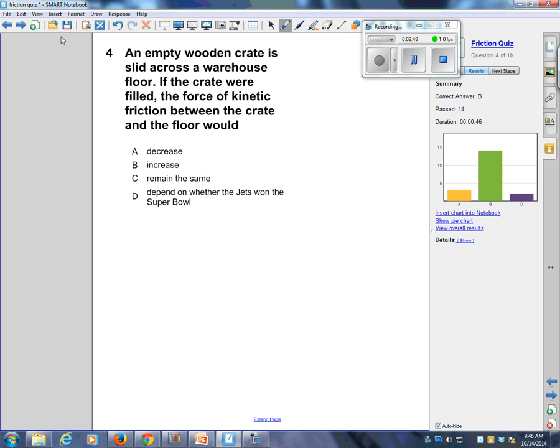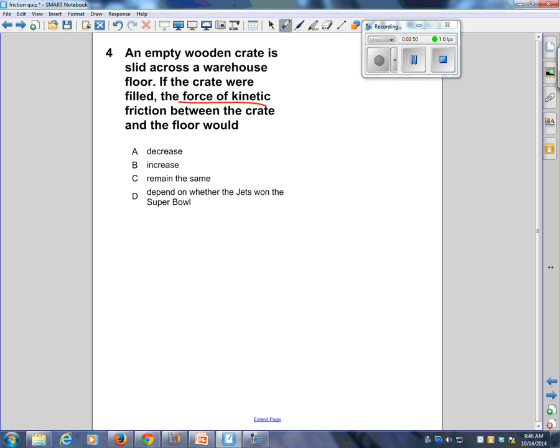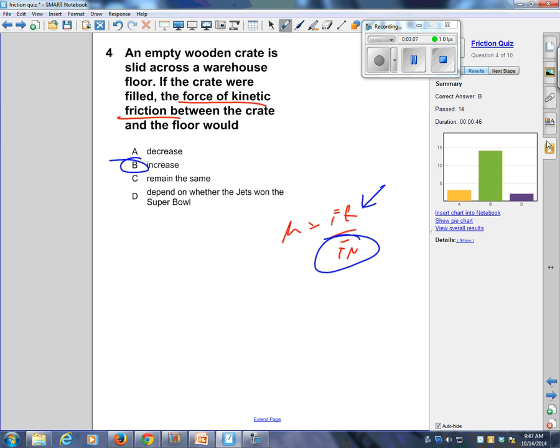You'll notice here that they talk about the force of kinetic friction. Because the mu value stays the same, and Fn, because you fill it, the weight force, which is equal to the normal force, increases. To keep the mu value the same, what has to happen to the Ff? It must increase. So 4 is B.